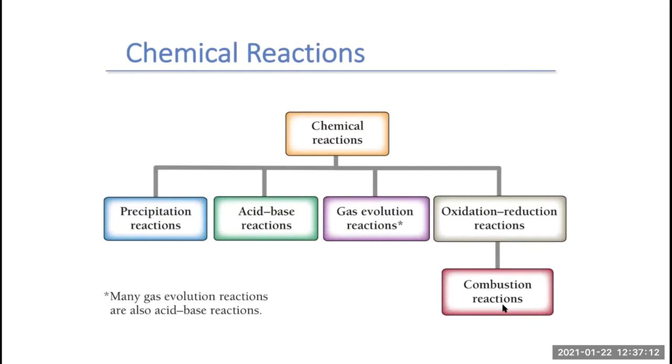Once you know what type of reaction you have, you can usually predict the products. As you saw, a couple of them you couldn't. Combination ones, if it's two non-metals, we can't really predict those. But most of the other ones, we can start to predict our products.